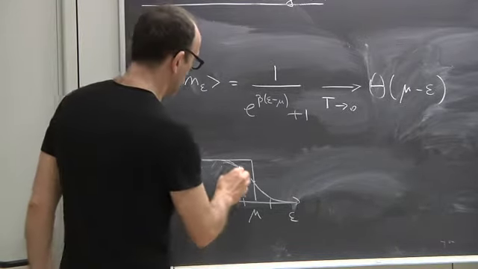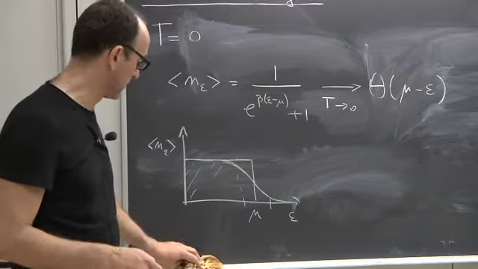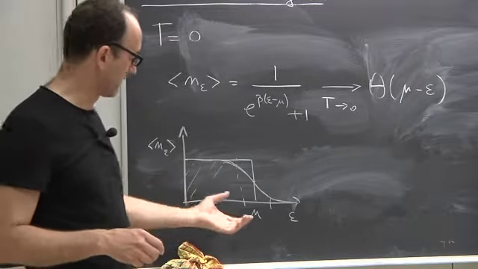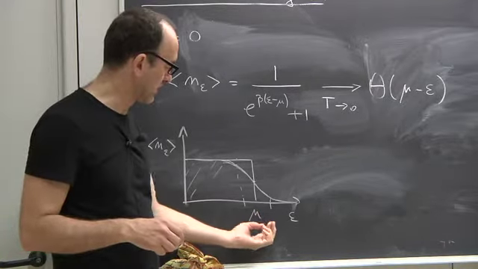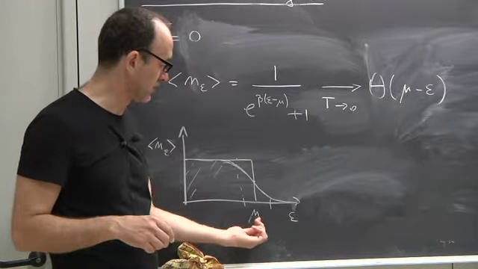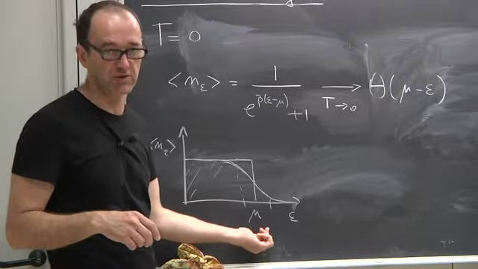So this means that in particular, the particles which are going to be important are those which have an energy close to the Fermi energy.